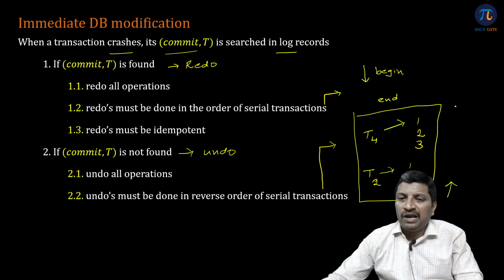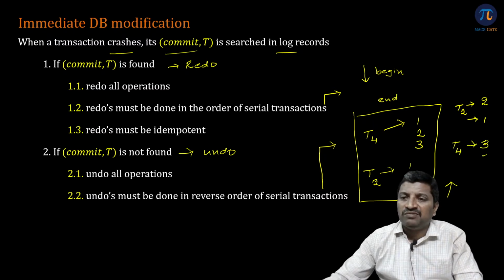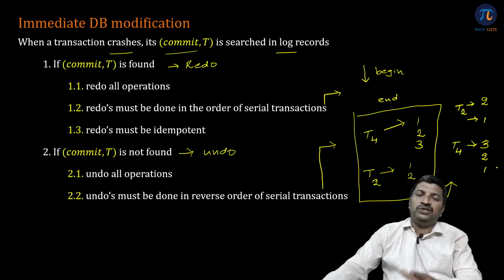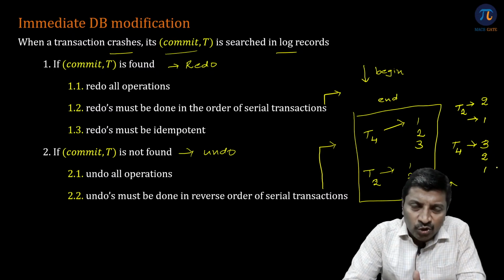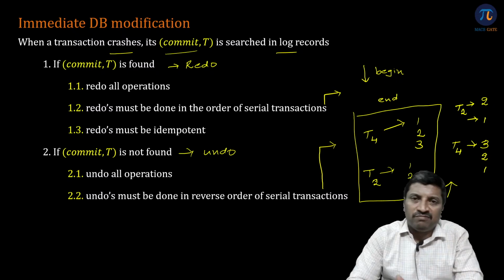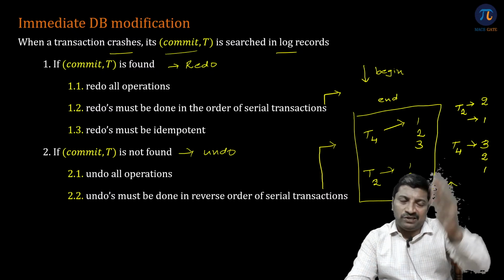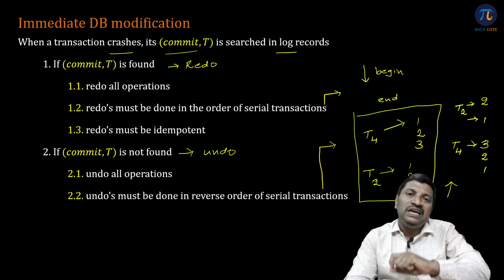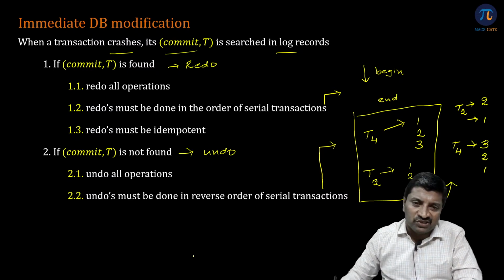That means I need to start with T2. Even in T2, the second operation, then the first operation. Then I will start T4. I will do it in reverse order. Hope you understood it. For redo, same serial order. For undo, complete reverse order. Transactions in reverse order, and even the operations also in reverse order.